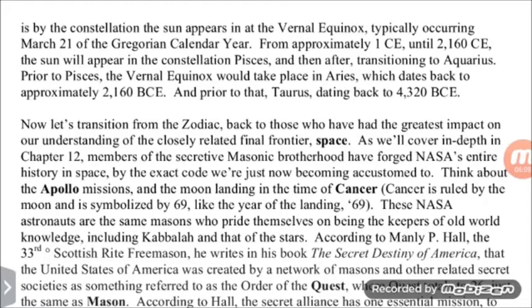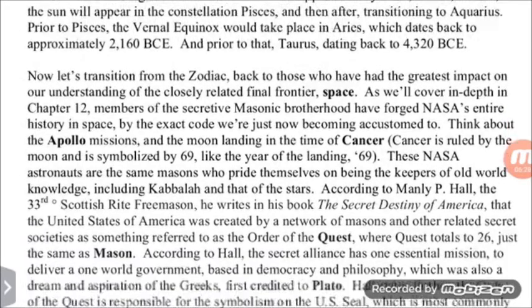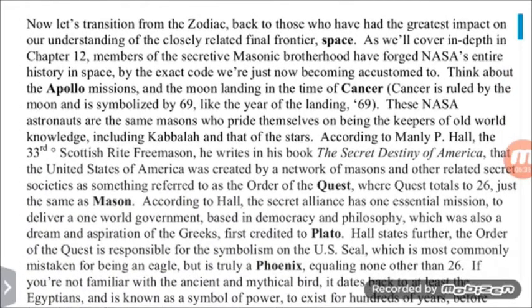Prior to Pisces, the vernal equinox would take place in Aries, which dates back to approximately 2160 BCE, and prior to that, Taurus, dating back to 4320 BCE.